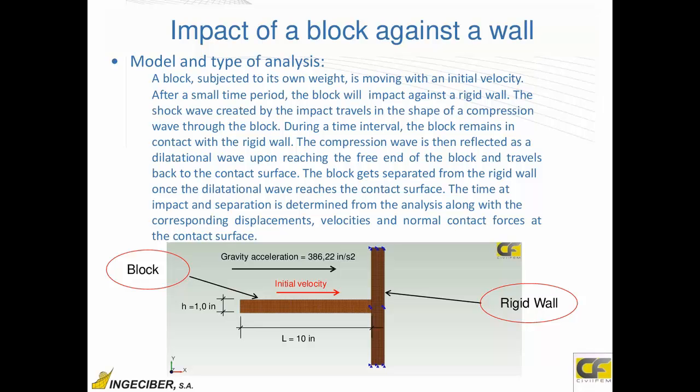The main characteristics of the element that we're going to model is a block. It has a height of 1 inch and a length of 10 inches. Basically the model is going to start with an initial velocity.